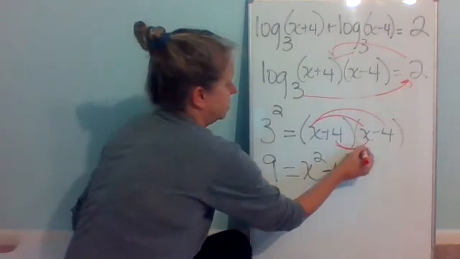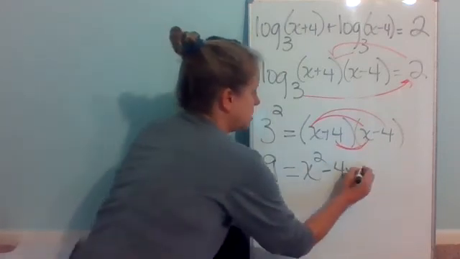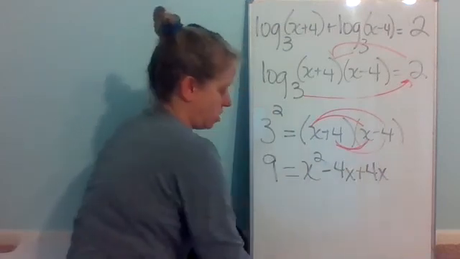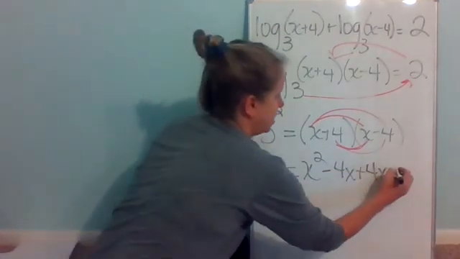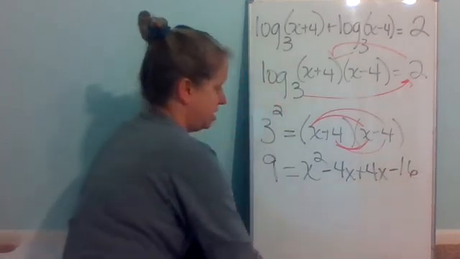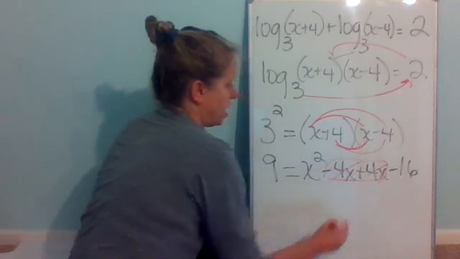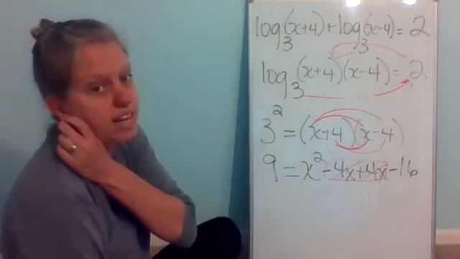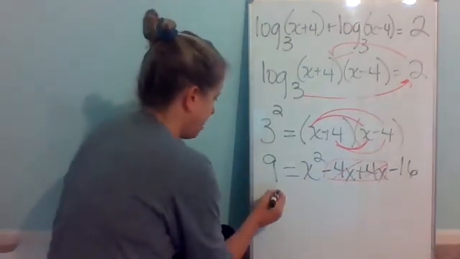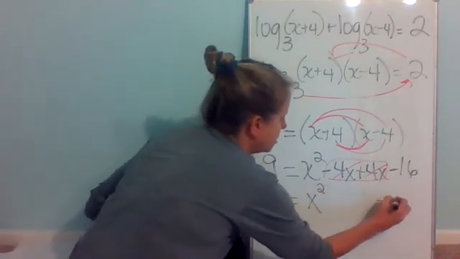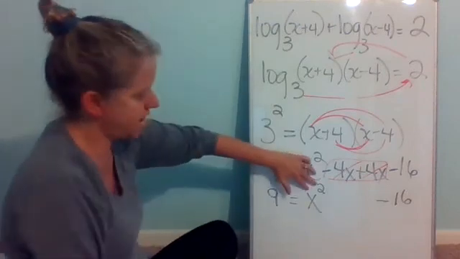My inside, positive 4x. And my last, positive 4 times negative 4 gives me negative 16. These middle two terms, when you combine them, cancel out, right? Because you've got negative 4x plus 4x. So let's see what I have left. I have 9 equals x squared minus 16.